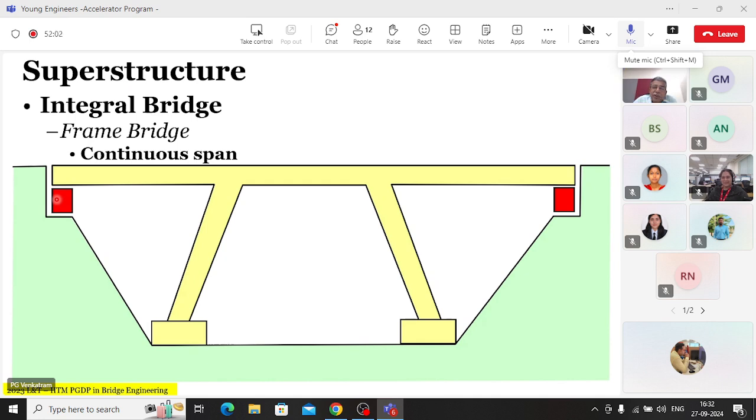Why? Should there be? First question, we are all bridge engineers. My question to you, should there be? But if they are, why? Why are they? If they are there, why are they there? Oh, you think naturally it will come in or some other reason?